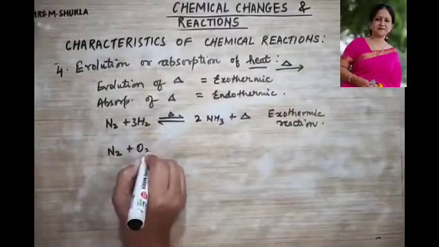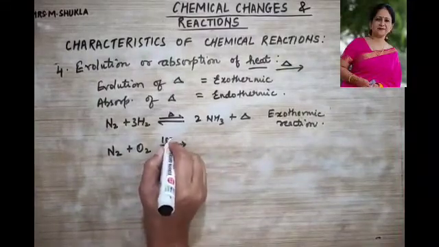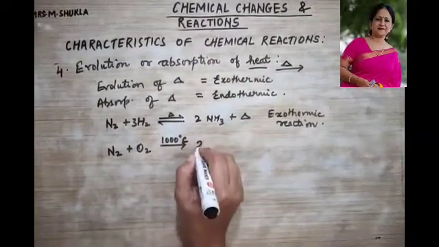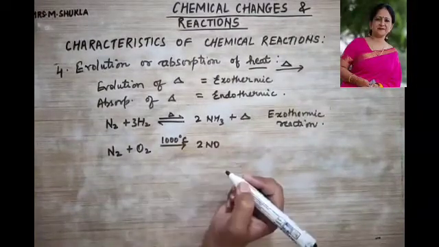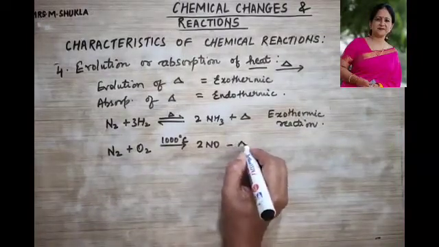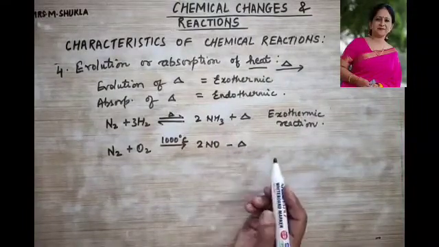Another example you take. Nitrogen combines with oxygen. And do you know how much temperature it requires? 1000 degrees Celsius it requires to form nitric oxide. Over here, how can I write? Minus, nothing, no heat is given out, so I write minus triangle.